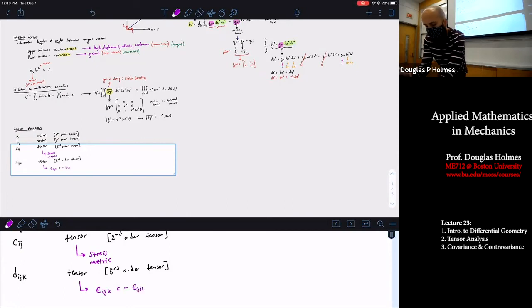It'll help you at some point in your life if you take continuum mechanics. If you do know what this is, I'm just letting you know that it's a third order tensor. It's a permutation tensor that allows you to shuffle around the indices of your tensors and appropriately account for what you're measuring or calculating.